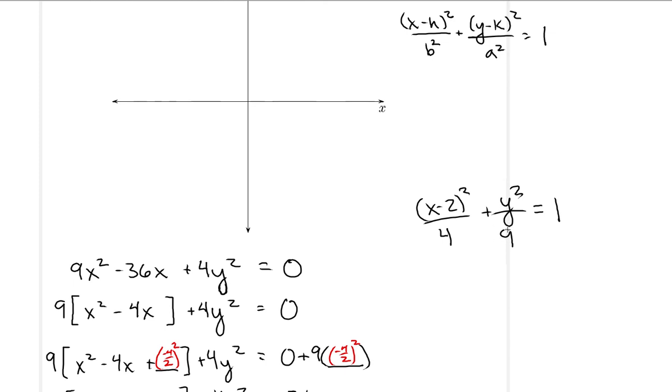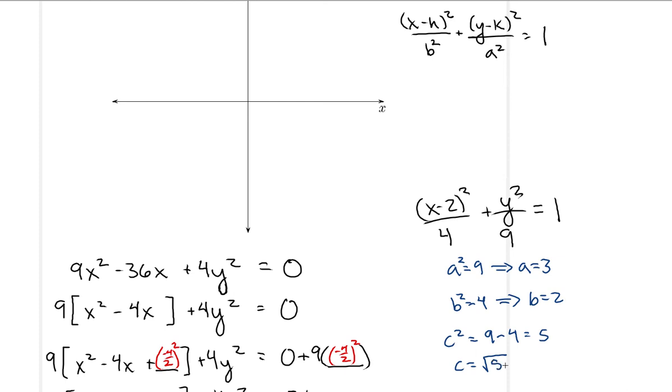So of course the larger number is the a squared, right? So from this I can tell that a squared equals 9, so a equals 3. I can see b squared equals 4, so b equals 2. And so therefore I know c squared is equal to 9 minus 4, which is 5, so c equals the square root of 5.